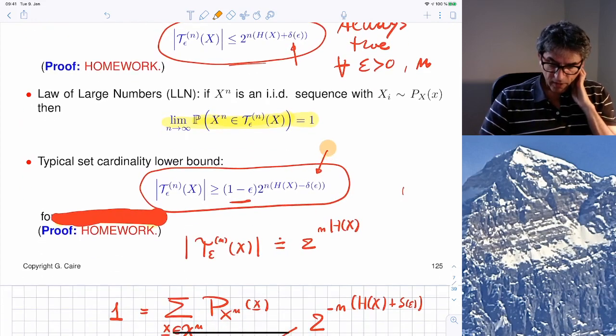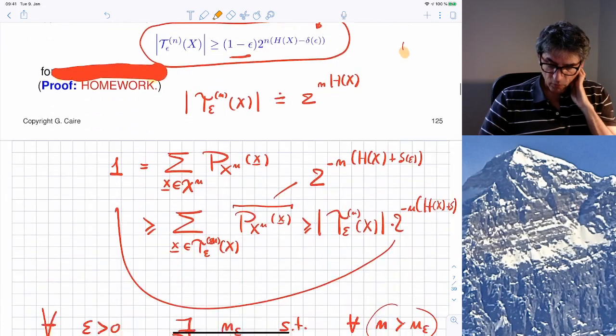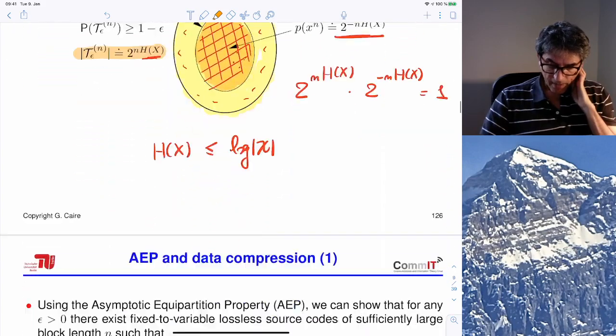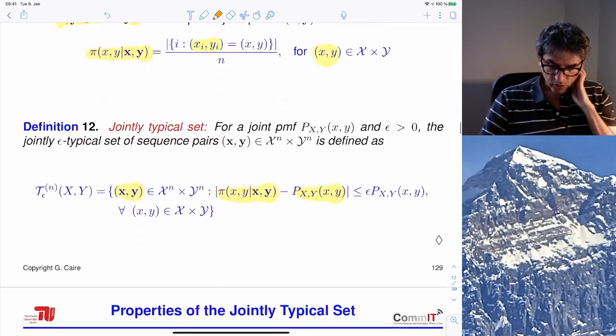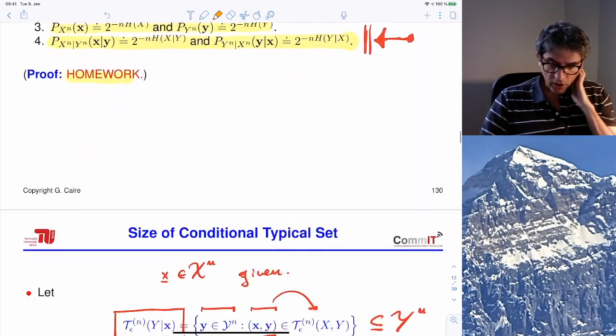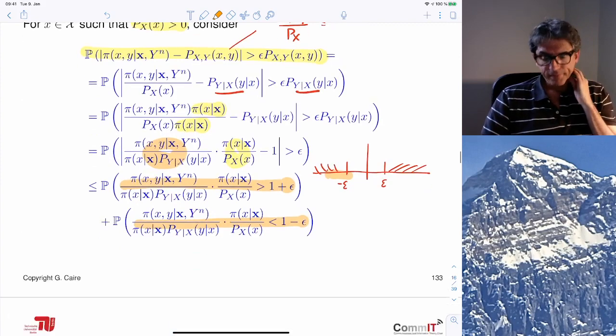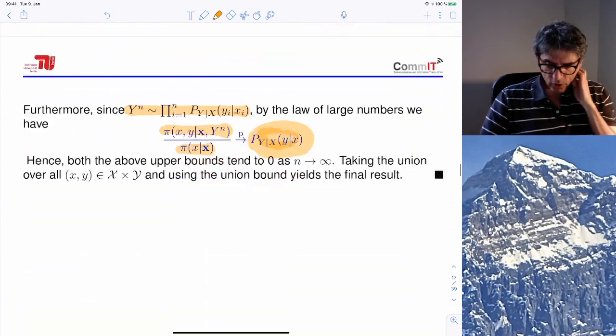When you see the proof here, you can basically replicate this proof. But of course now we have to use the fact that this conditional probability goes to 1, which is the conditional typicality lemma that we have just proved.